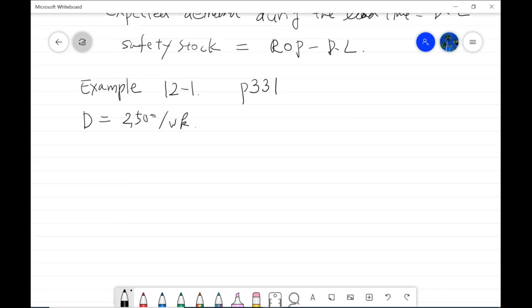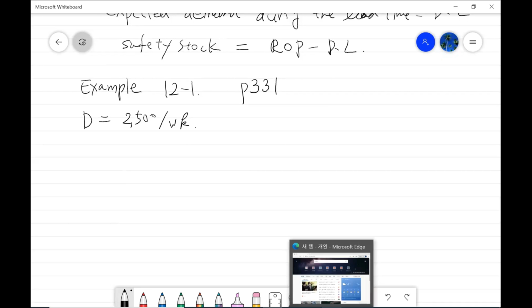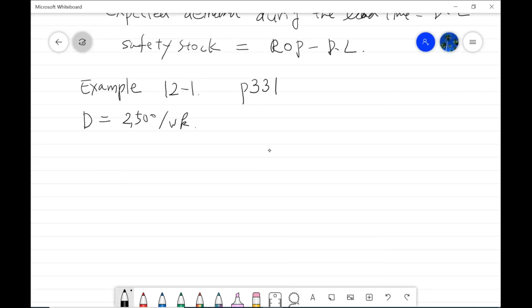So weekly average demand is 2,500, and sigma d, the standard deviation of weekly demand, is 500. The lead time is 2 weeks. That means once you place an order, you receive the ordered product 2 weeks later.